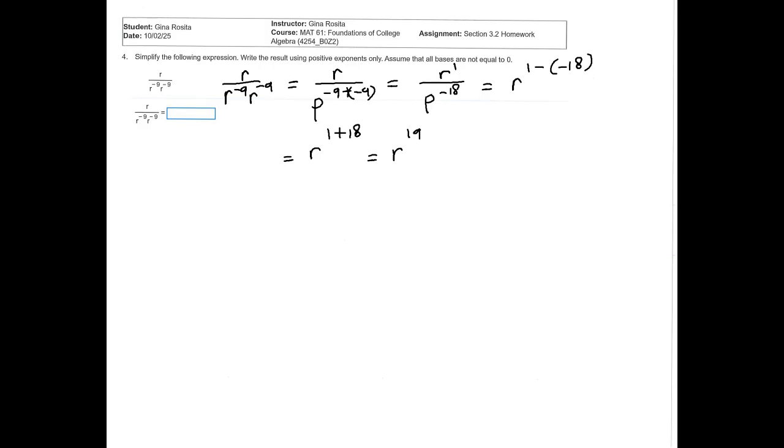Now go to number 5. The same, simplify. So I just write down first 7x to the 4 y to the 5th over negative 9 x to the 4 y to the 7th. So just put number with number, variable x with variable x, and y with y.